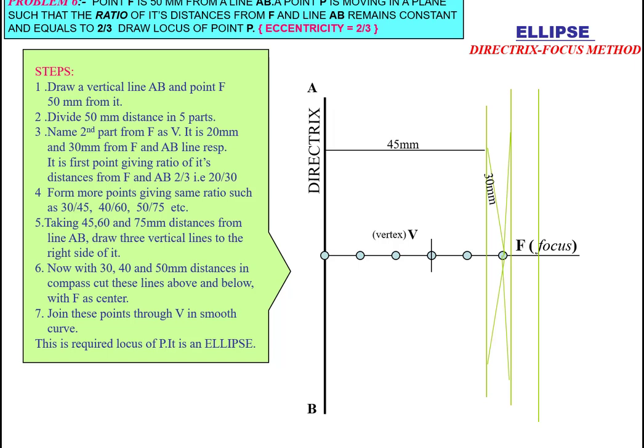Mark two points above and below F. These are our points of the ellipse. Join them with point V: 1, 2, 3, 4, 5, 6. So this is our half ellipse. This method is called the directrix focus method to get an ellipse.